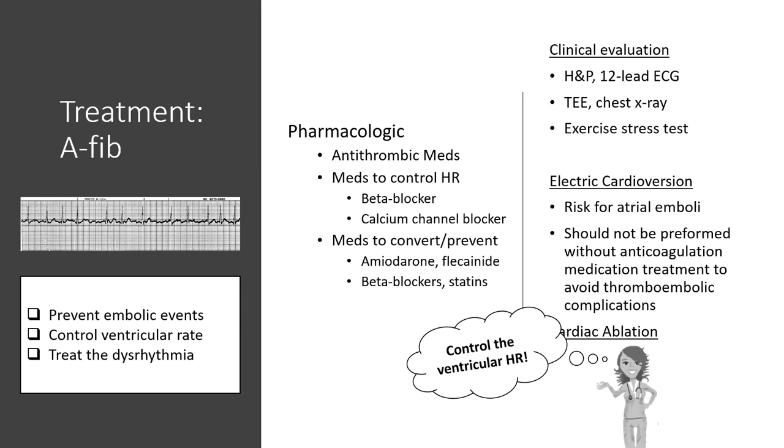A TEE is used to confirm absence of thrombi in order to perform a cardioversion. So administer heparin immediately prior to the cardioversion. So with this, why do we care so much to make sure that we've got our patient on an anticoagulant as well as we have a TEE before we do that cardioversion?